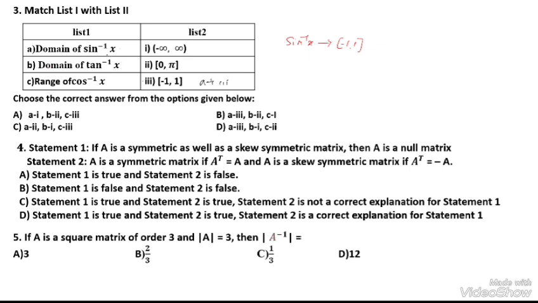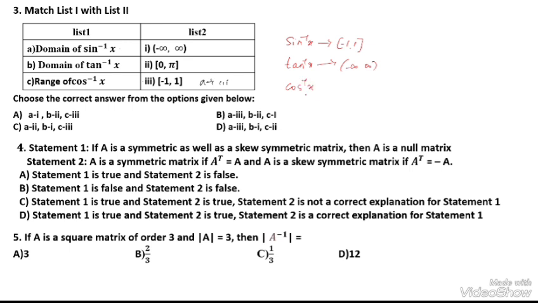Domain of tan inverse x is minus infinity to infinity, because tan inverse of x takes values related to minus infinity to infinity. The last option is B, that is cos inverse of x.